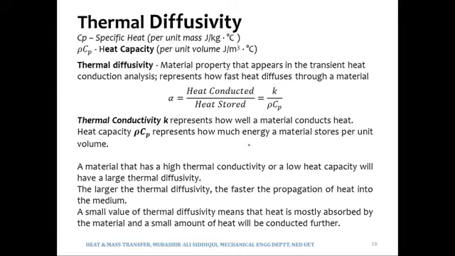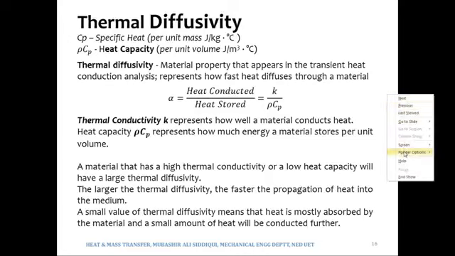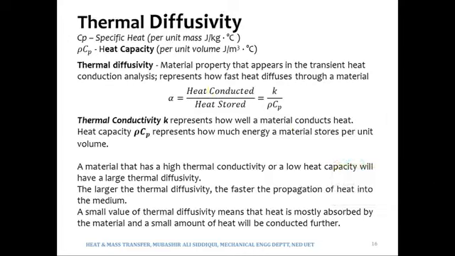Now, the last thing before we start convection is thermal diffusivity. Thermal diffusivity is in fact a ratio of the heat conducted to the heat stored.